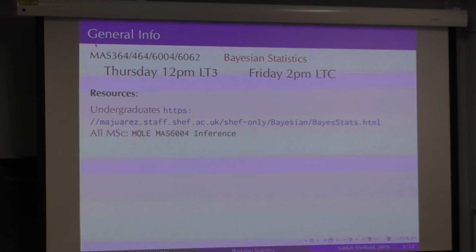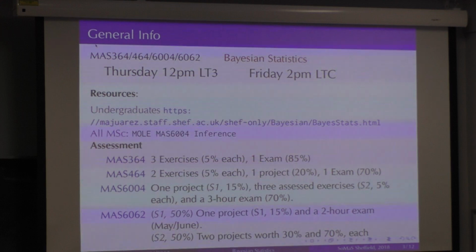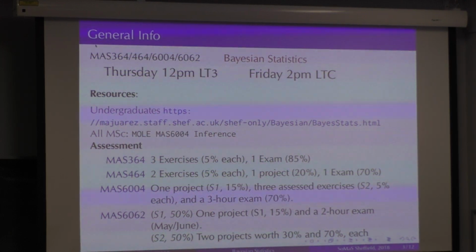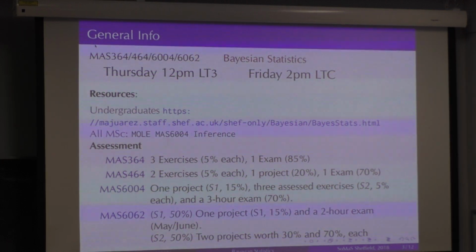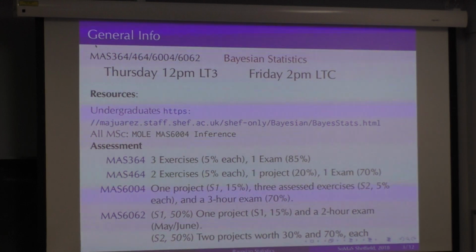Cool. Now, the awful part, assessment. This is where things are different for everyone, so I will hopefully be able to explain this. So for 364 third-year students, there will be 3 assessed exercises spread throughout the course.